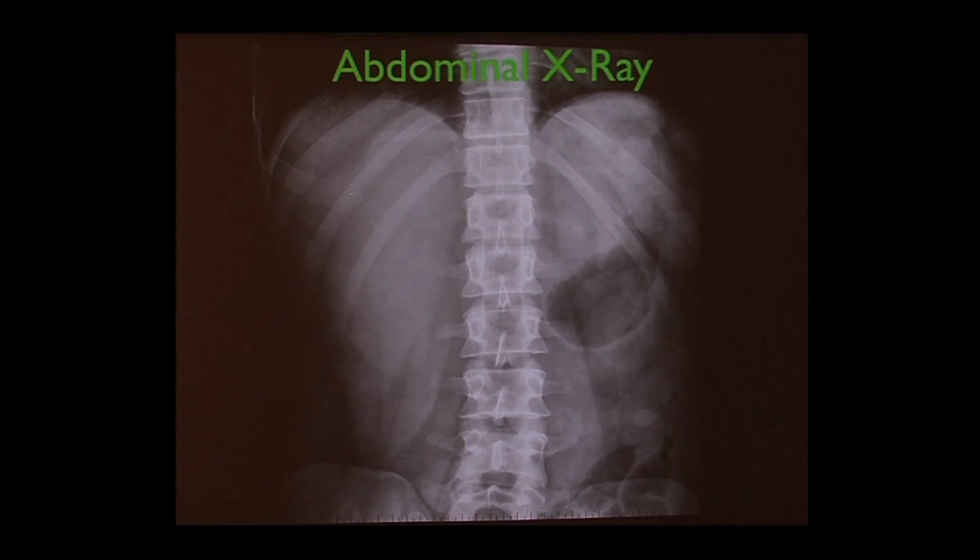And here, for instance, is an X-ray. The bones blocked a lot of the X-rays, so they're white. The air up here at the top in the lungs is black. Air in the stomach is black. And then we can see other things because there's fat, which is also low density and doesn't block much X-ray.